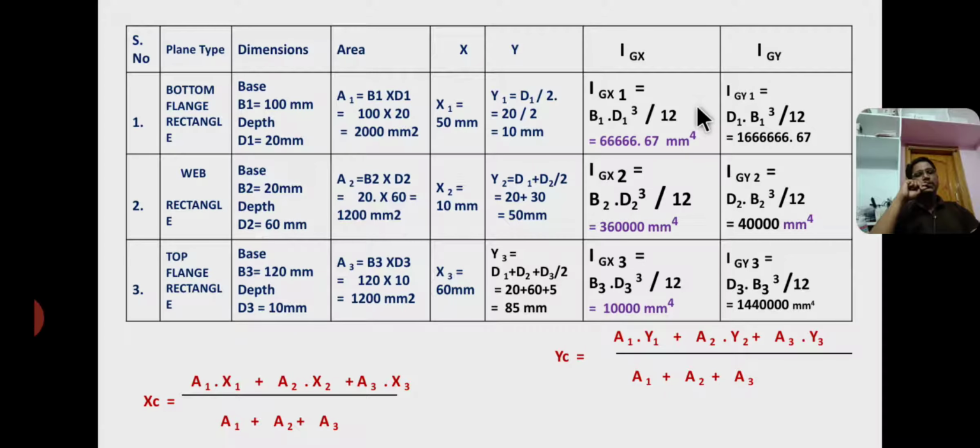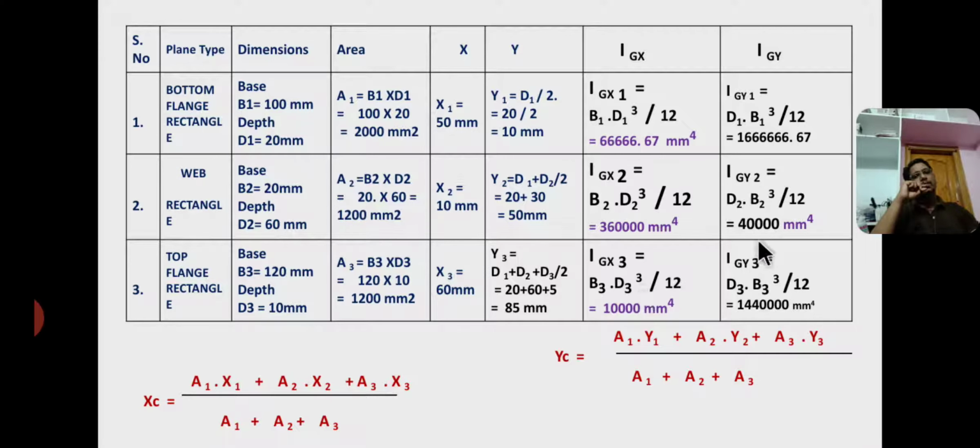Already we have discussed the basic formulas. So for a rectangular section, IGX equals BD cube by 12, base into depth power 3 by 12. In a similar way, IGY equals D into B cube by 12. Substitute the values, and these are the answers.